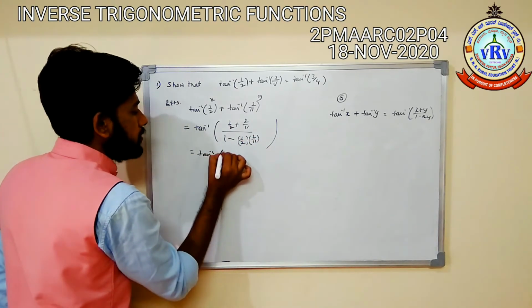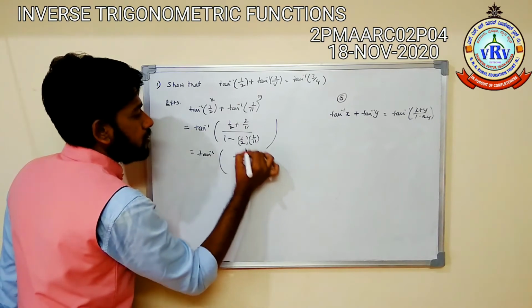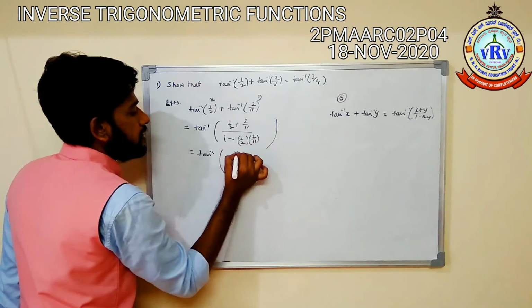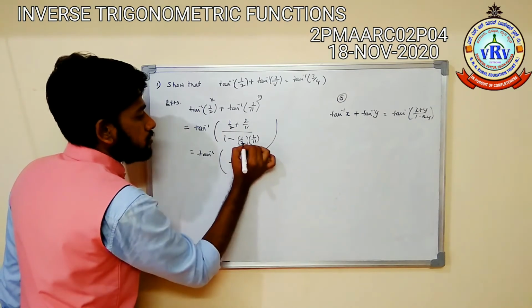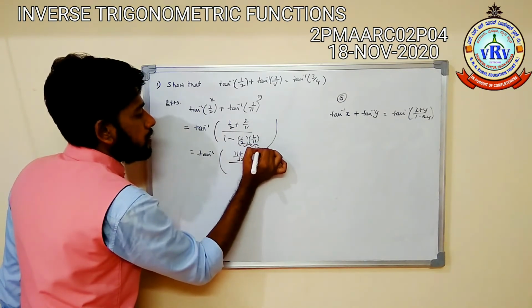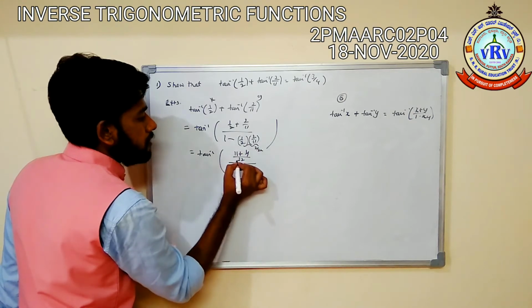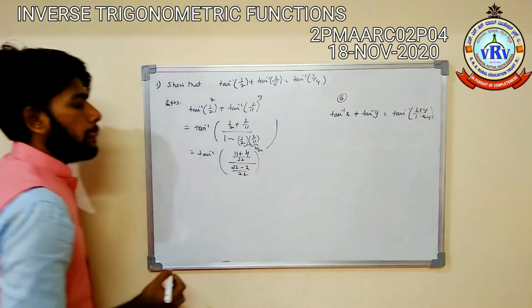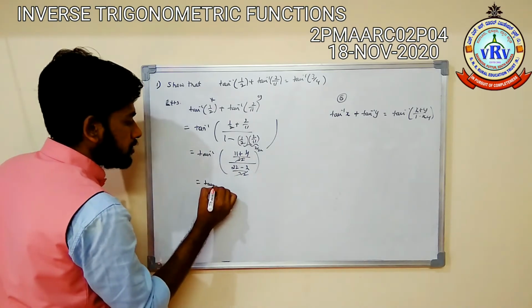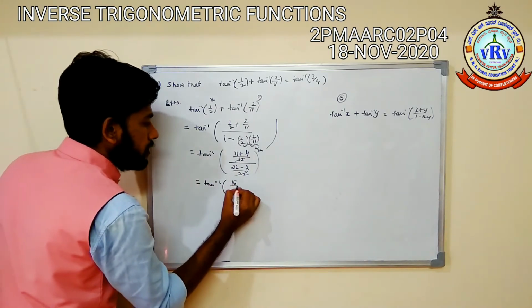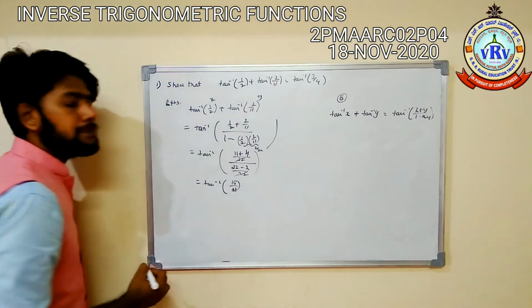Just taking the LCM here, this 22, 11 plus 4 divided by 22 minus 2 by 22. Taking the LCM, 22 gets cancelled, it is equal to tan inverse of 15 by 20.